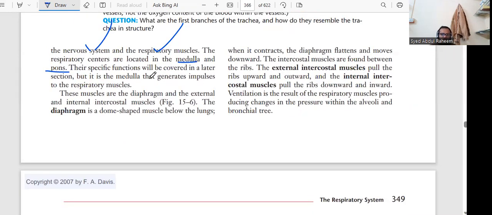Their specific functions will be covered in a later section.